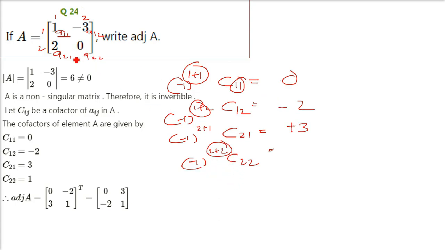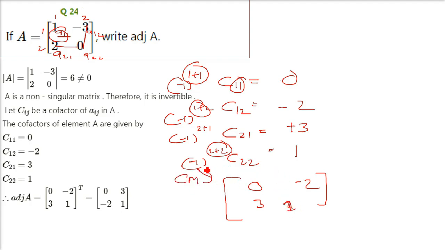C22, so 1 we will take. In this matrix, wherever we have A, just replace it with C. So 0, minus 2, 3 and 1 will come. So this is the cofactor matrix.